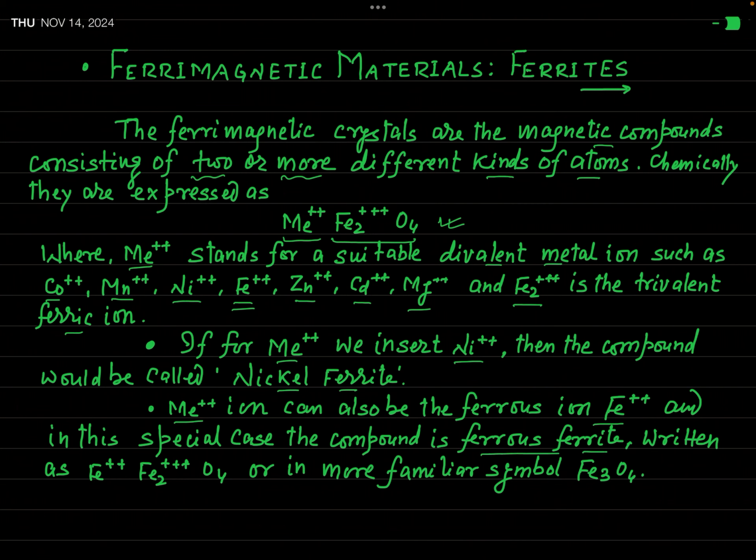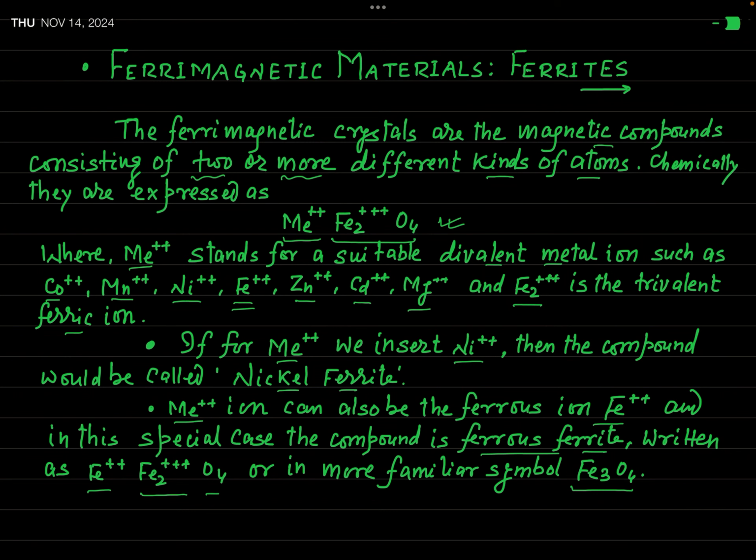then this special case of compound is called ferrous ferrite. It is written like this: Fe double plus Fe2 triple plus O4, or in more familiar symbols, Fe3O4. Chemically this is written as Fe3O4.